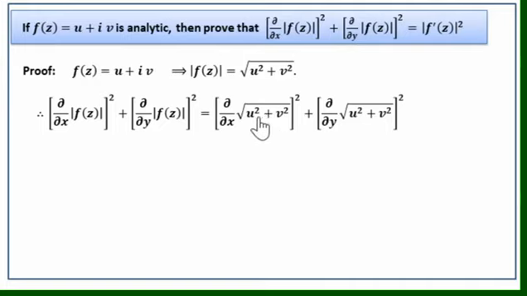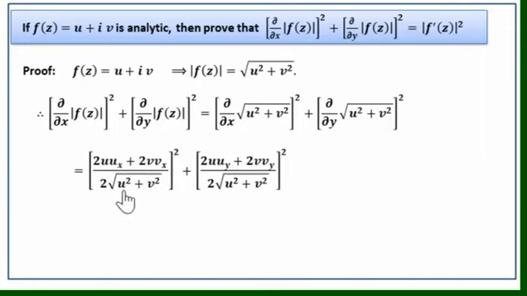Differentiate root of u square plus v square with respect to x partially, that is, with respect to x keeping y constant. The derivative of root u square plus v square is 1 by 2 root of u square plus v square, then into the derivative of u square plus v square.